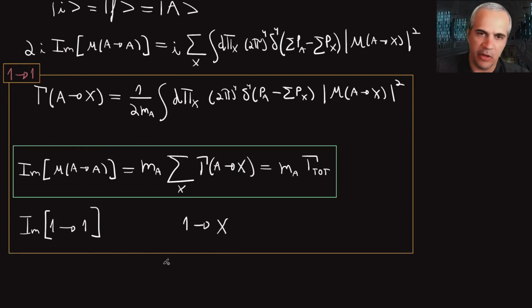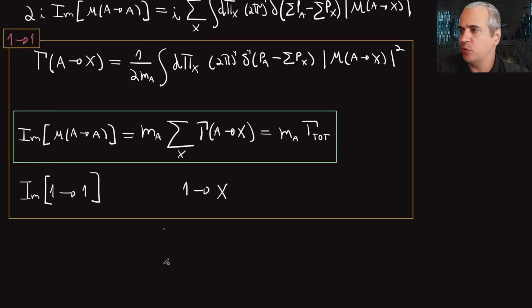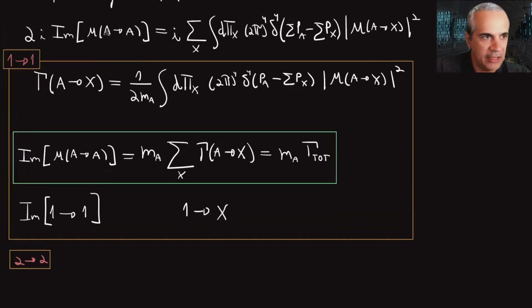And now let's see another example, which is the two-to-two case. So let's now think of a two-to-two scattering. Now we're assuming this generic state A here is actually a two-particle state, so A is equal to K1, K2.